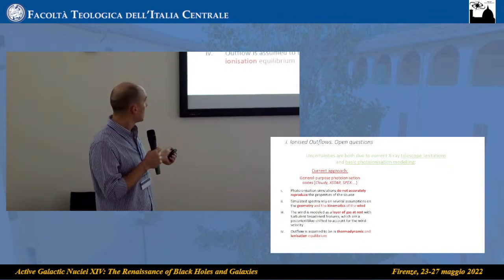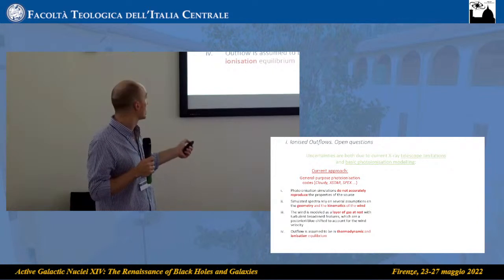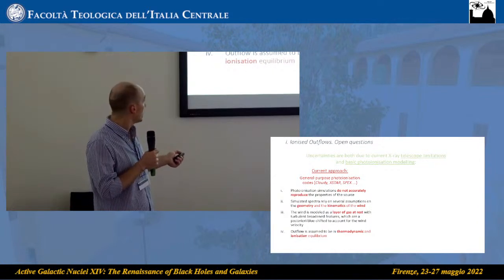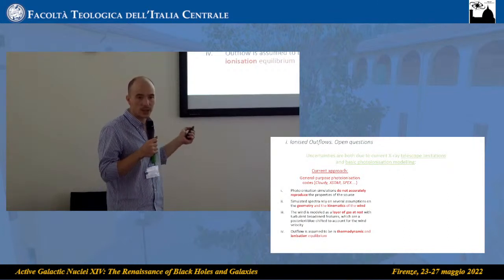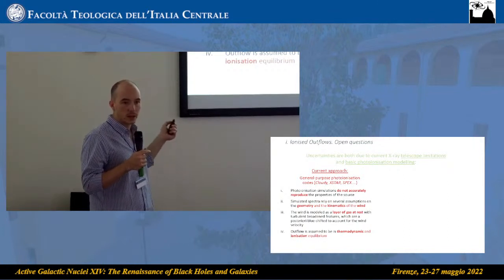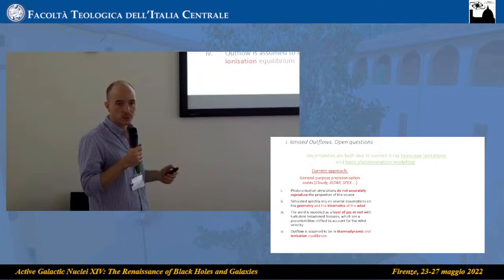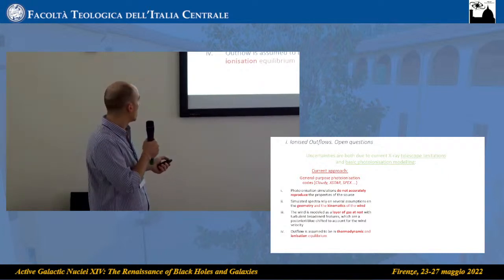And as a result, the simulated spectra rely on several assumptions for what concerns the geometry and the kinematics of the wind. In particular, the wind is modeled as a layer of gas at rest with thermally broadened features, which are then a posteriori blueshifted in the process of the fit to account for the wind velocity.